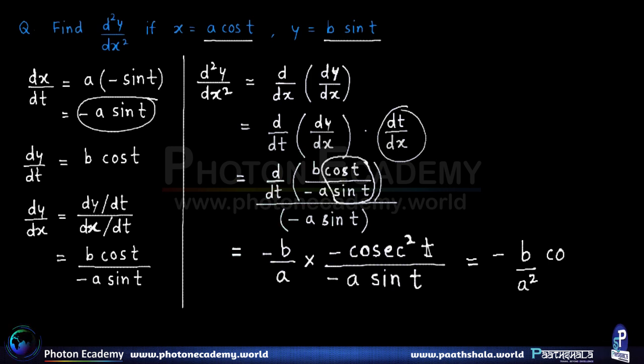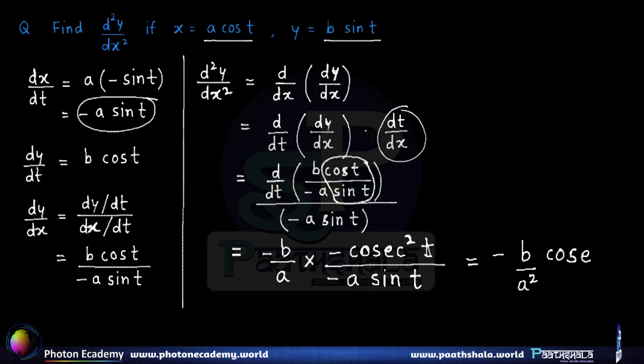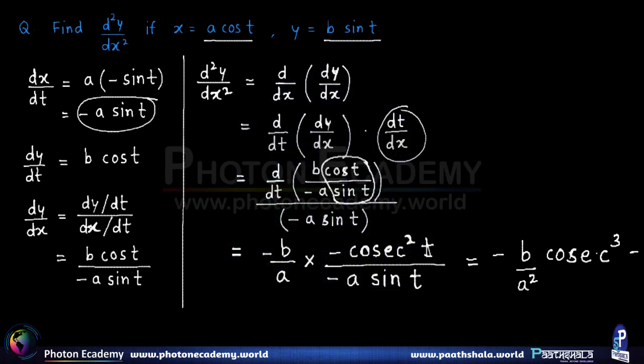Because there is already one cosec square term present in the numerator. So that is cosec cube of t. This is the final answer. Alright, so that is how we use the method to find out the second order derivative of parametric function.